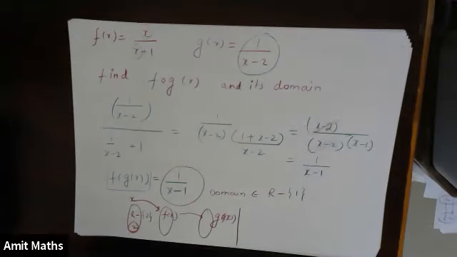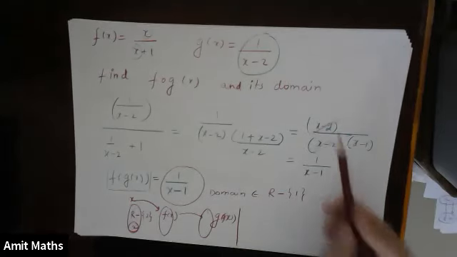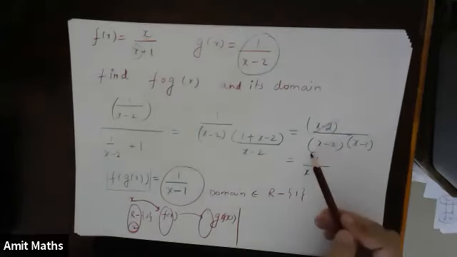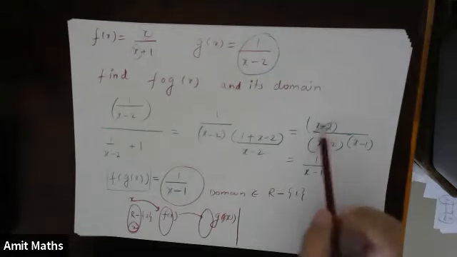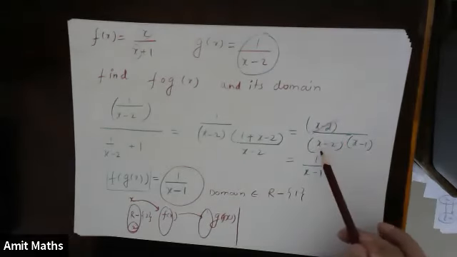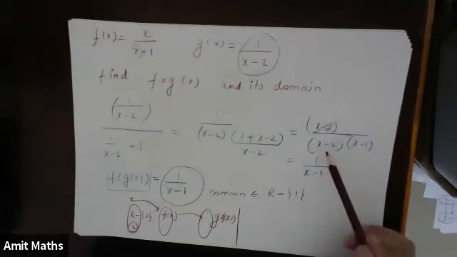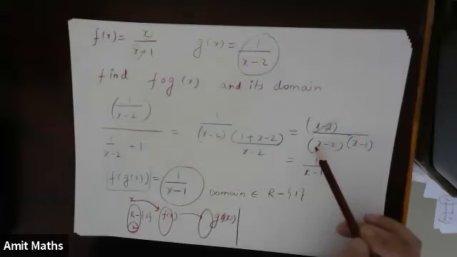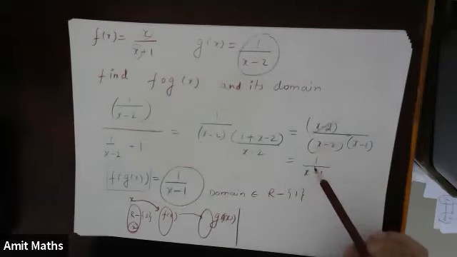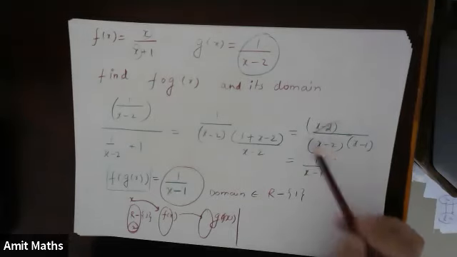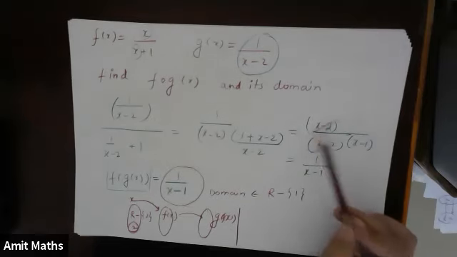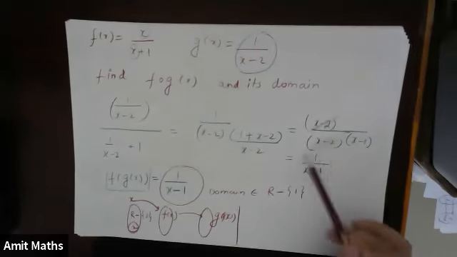So there are two methods, and in both ways you can see whether 2 is included or not. One is that when we are cancelling x minus 2 upon x minus 2, we know that x cannot be equal to 2 because it will be 0 by 0. For all non-2 values we can easily cancel. Suppose x is 5: 5 minus 2 upon 5 minus 2, 3 by 3, cancels out.